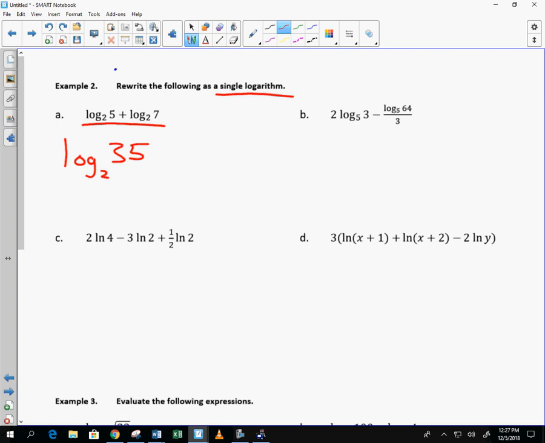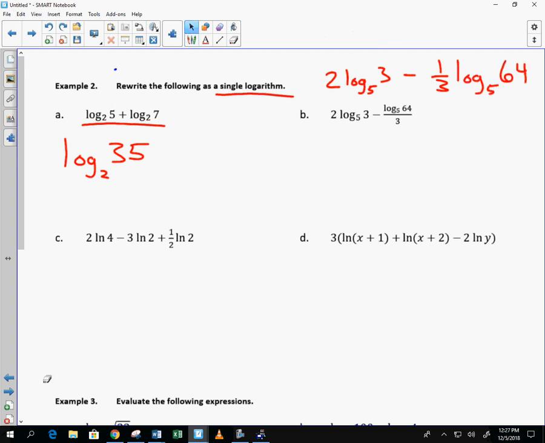The next one, there's a slight little trick here. I'm going to write it as 2 log base 5 of 3 minus 1/3 log base 5 of 64, because dividing by 3 is the same as multiplying by 1/3. So what do I do with the 2, and what do I do with the 1/3?